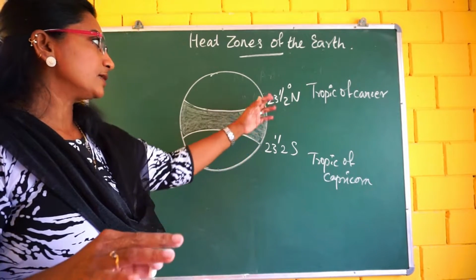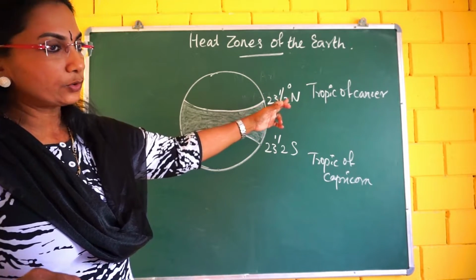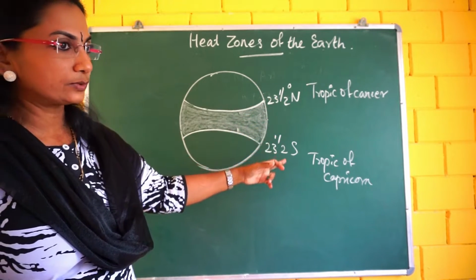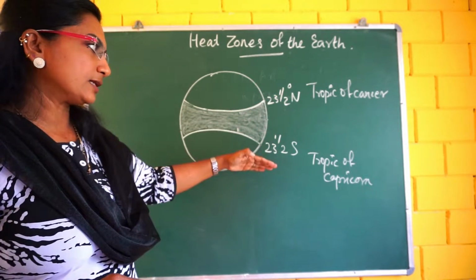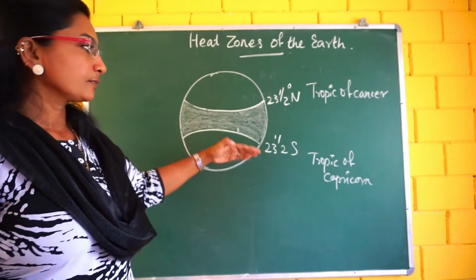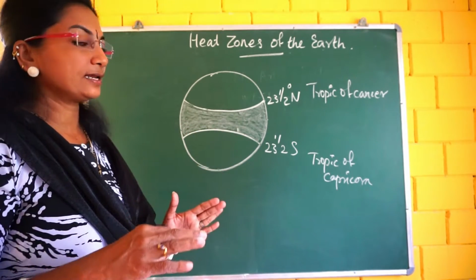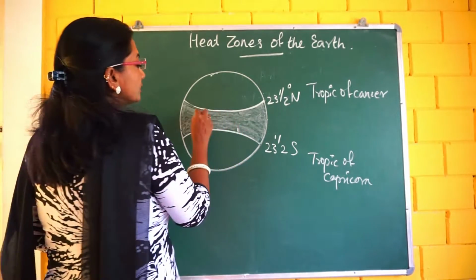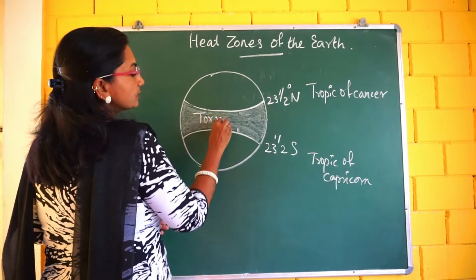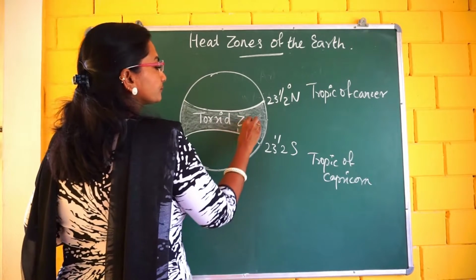That means the region between 23 and 1 by 2 degree north and 23 and 1 by 2 degree south, between the Tropic of Cancer and Tropic of Capricorn, is getting maximum heat. So this area we call the torrid zone. Why?